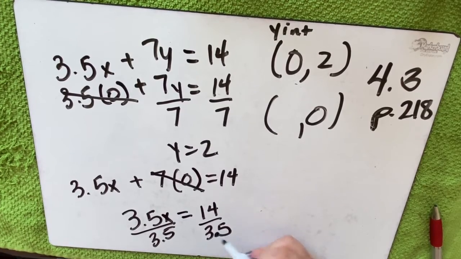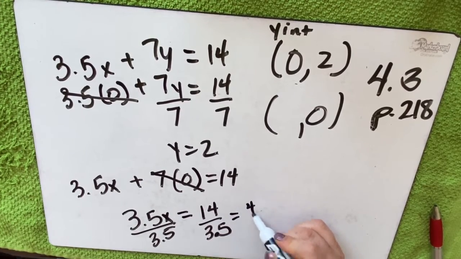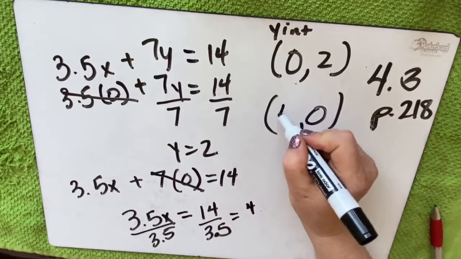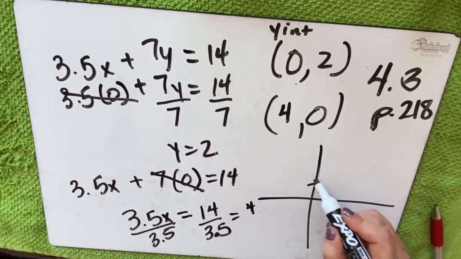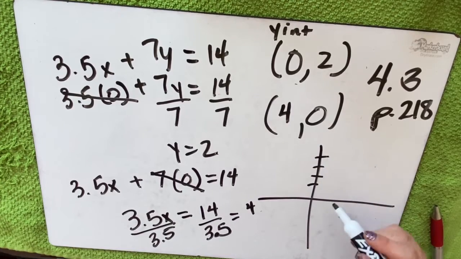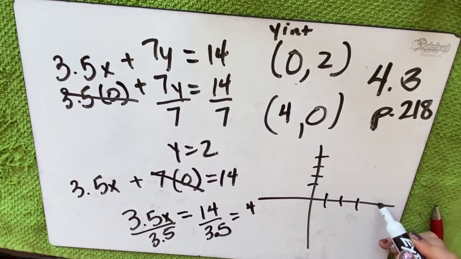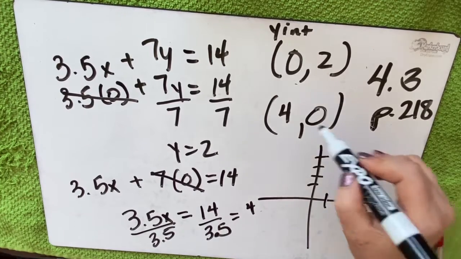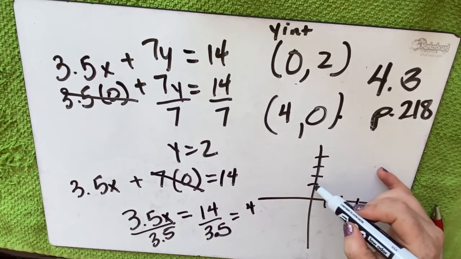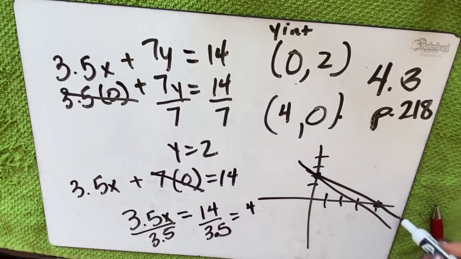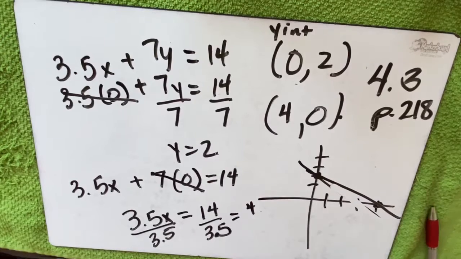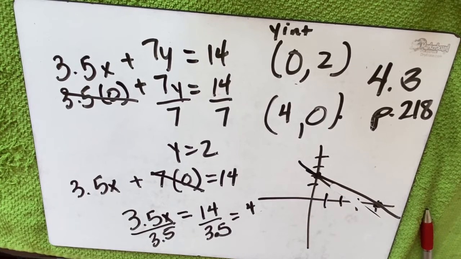Well, I know a secret. This equals 4. So then you can graph this really quick. So 1, 2, 3, 4. Okay, so this says over 4, right? At 0, that's that one. And then this goes 1, 2, at 0. Done. Okay, done. That's all you gotta do.